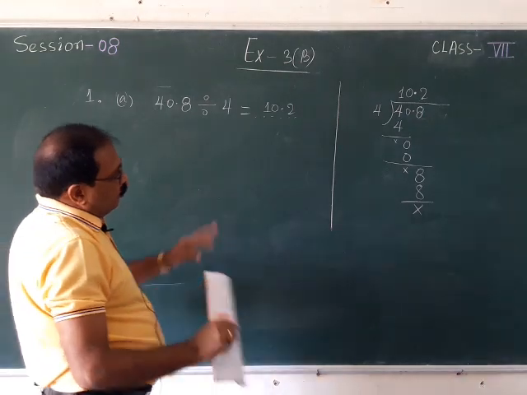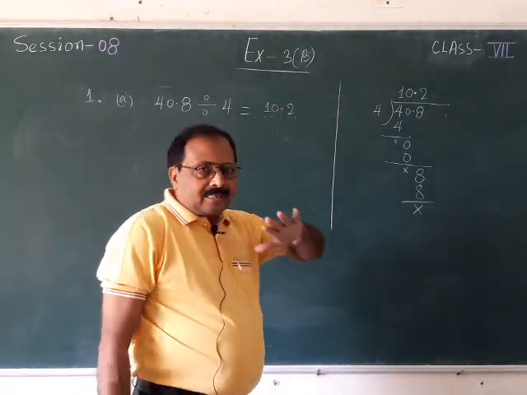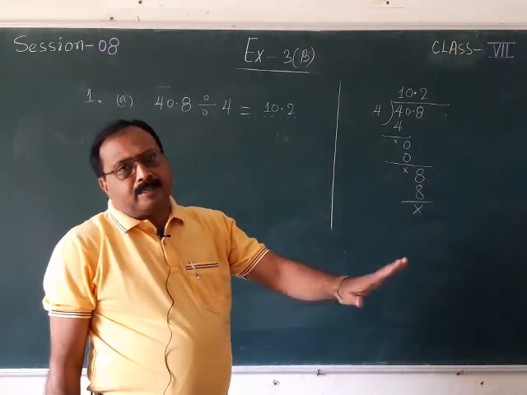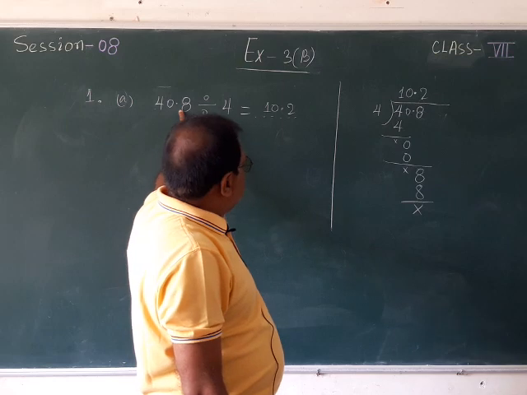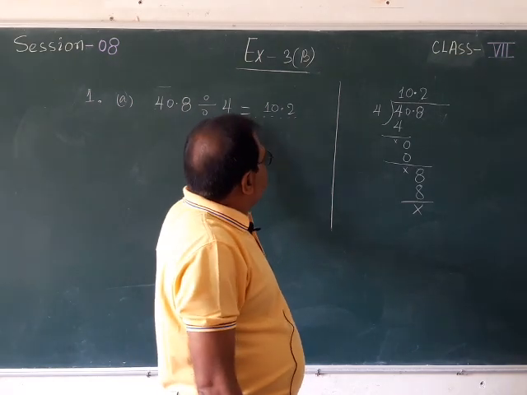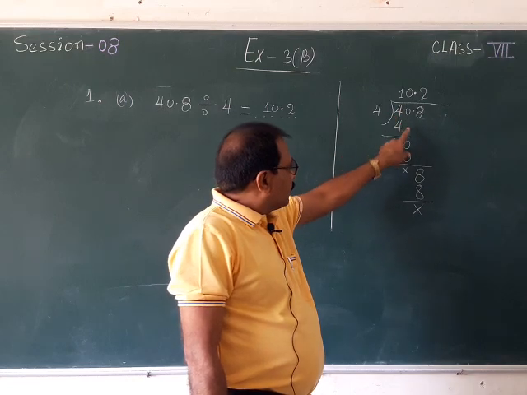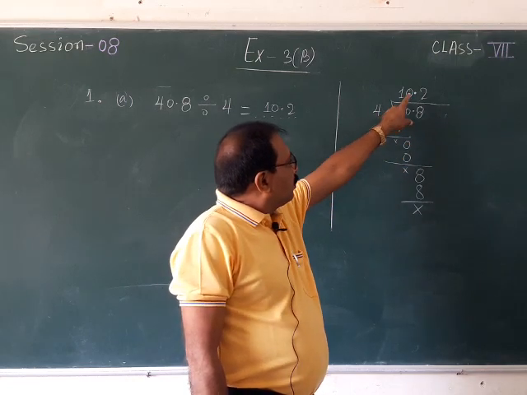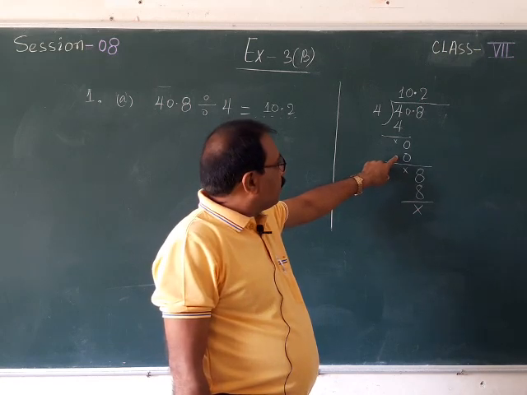Once again you can see how I have divided the number. It is just like normal division. I write 40.8 and divide it by 4. First 4 ones are 4, then 0 comes down here. 4 times 0 gives 0, so 0 is written.